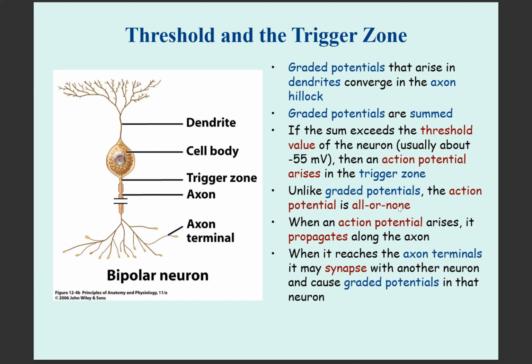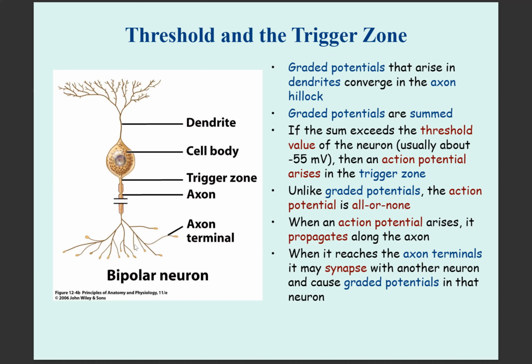Until the information reaches the axon hillock, we call them graded potentials. When the sum passes the threshold, then we call that the action potential. So action potential is all or none. Either it is giving an excitatory effect, or it is not doing anything.